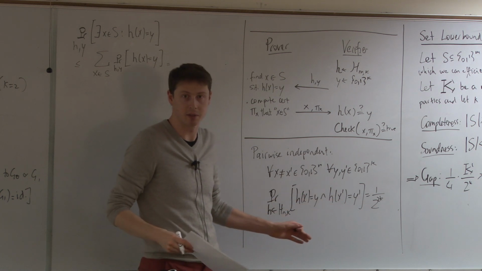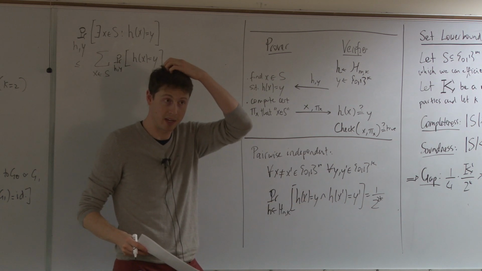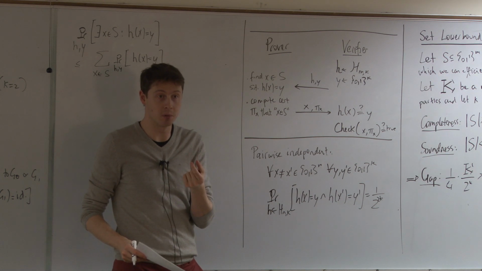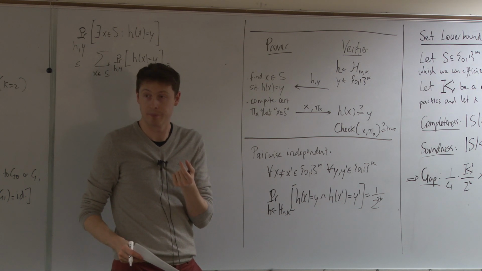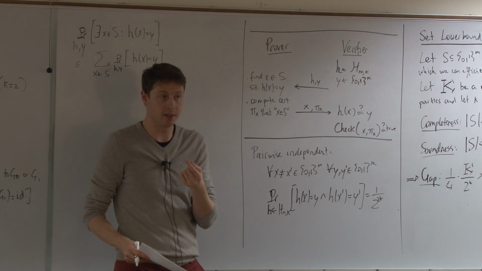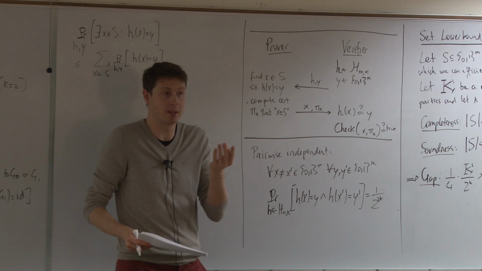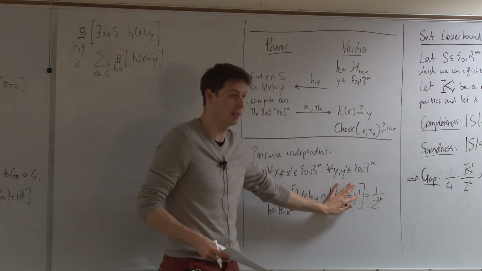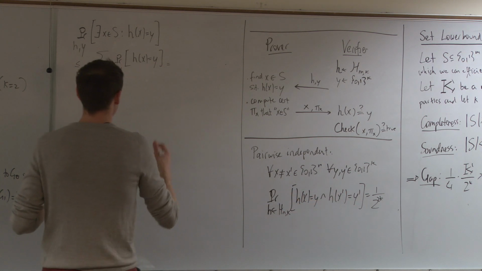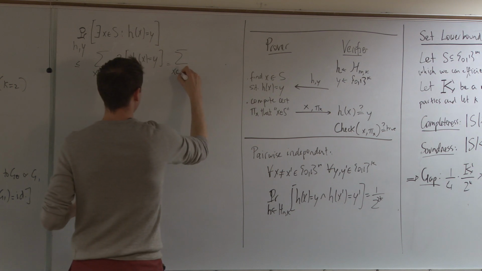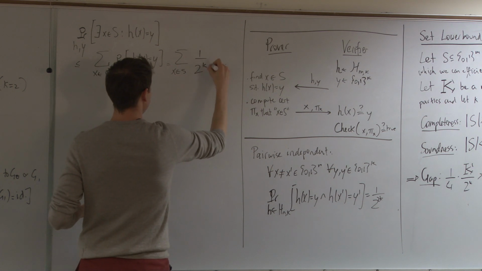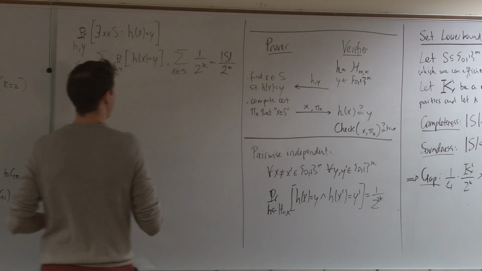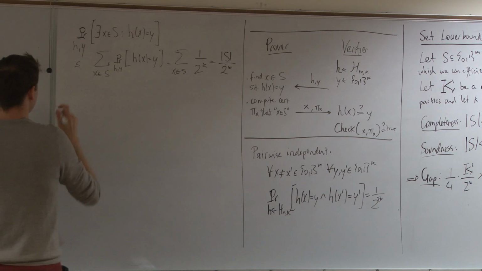It also makes sense, because pairwise independence says that two outputs of h, as a joint distribution, act like the output of a random function, and it stands to reason that if you look at one of them, it still looks like the output of a random function. We're tracing out the other event. So this is the sum for x in S of 1 over 2 to the k, and overall this is size of S over 2 to the k. That upper bounds this probability.